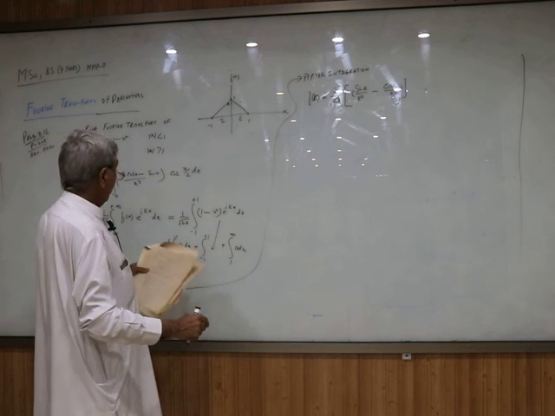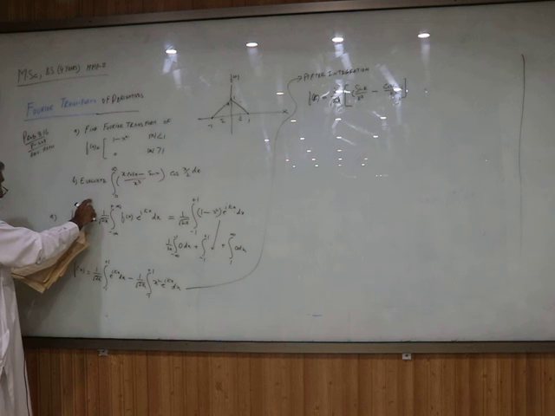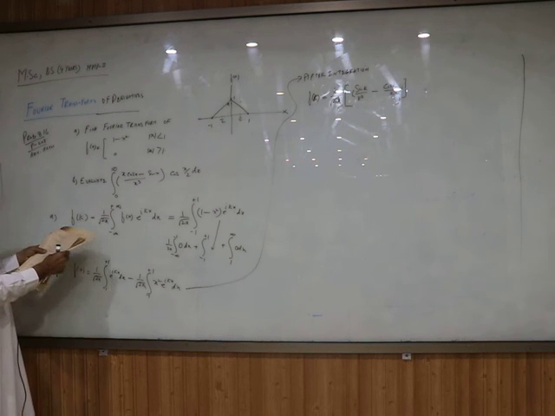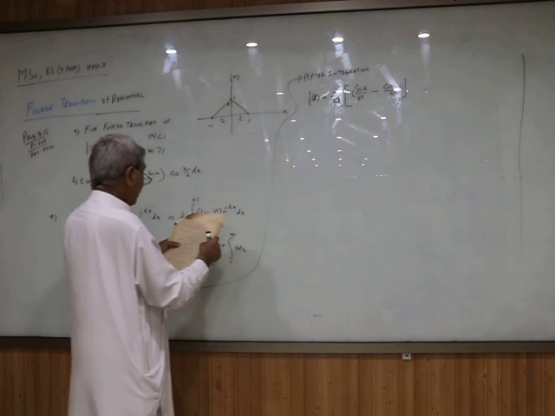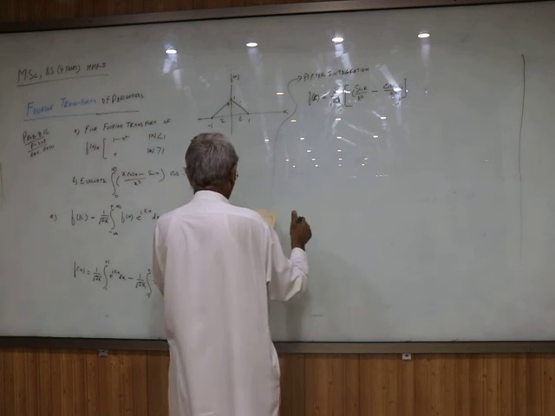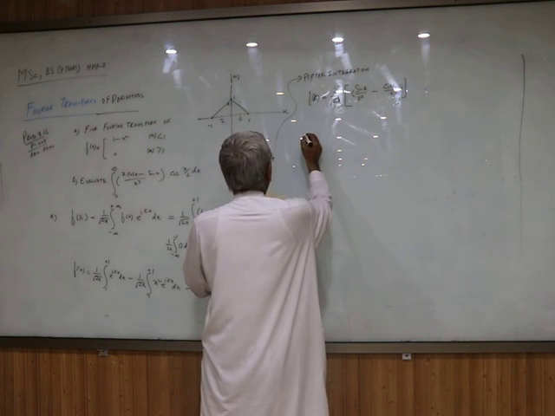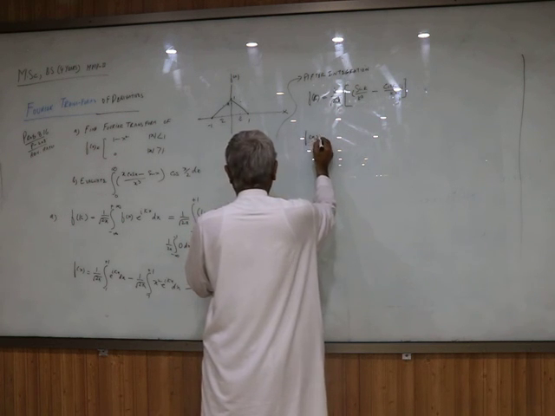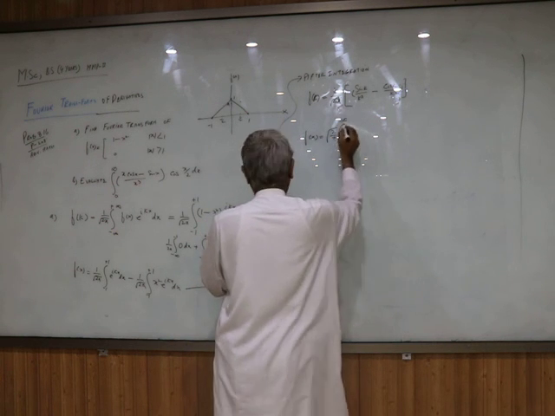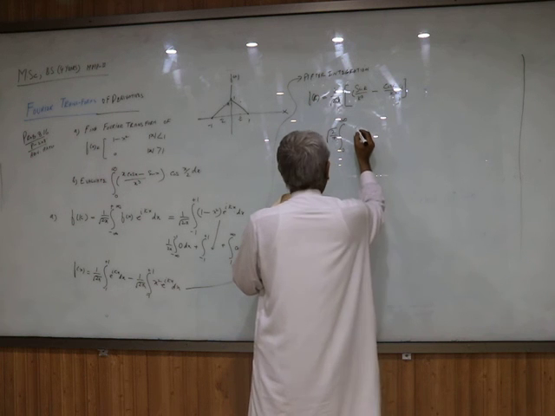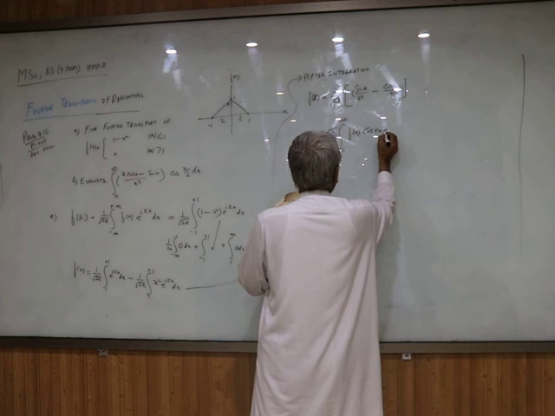For the B portion, I am leaving it for you to solve. Evaluate that. What you have to do, since we have found F(k), you will be using the inverse cosine transform of that, and you will say that f(x) is equal to square root of 2 over pi, integral from 0 to infinity of F(k) cosine kx dx.